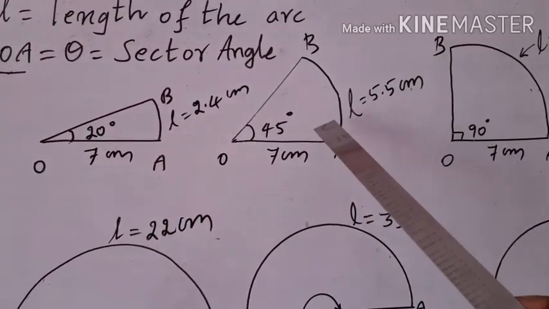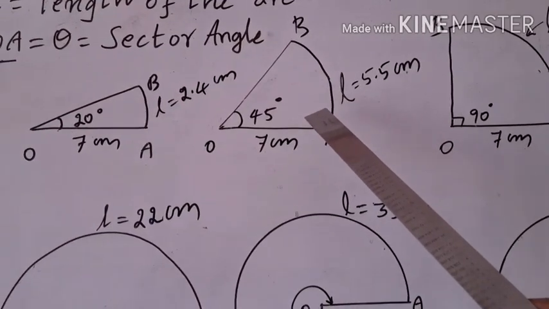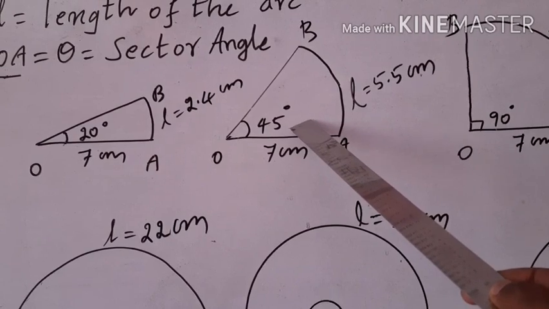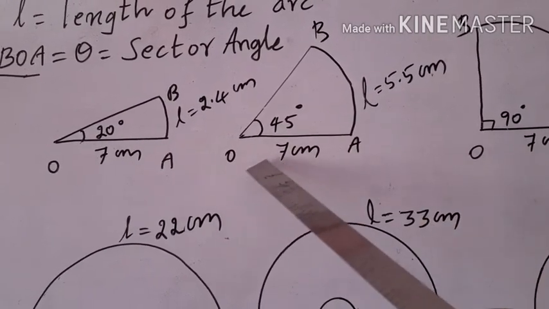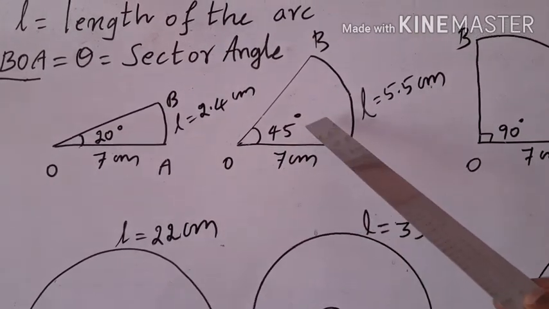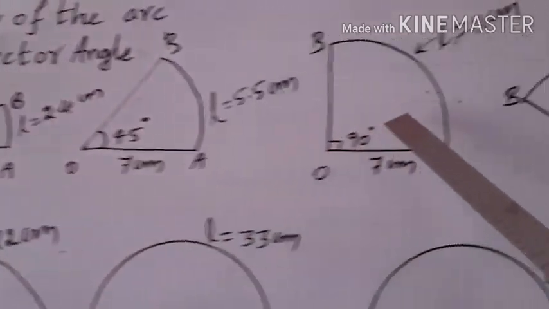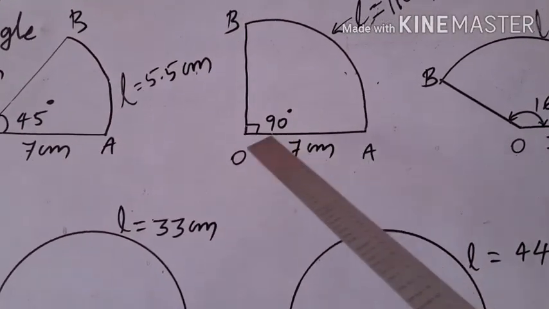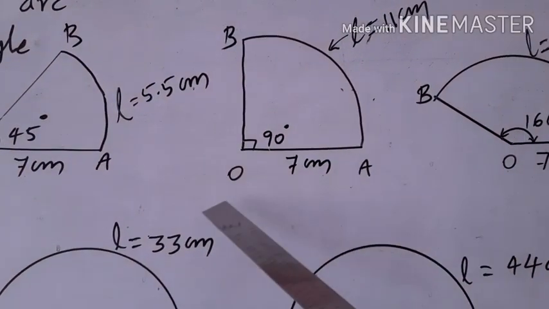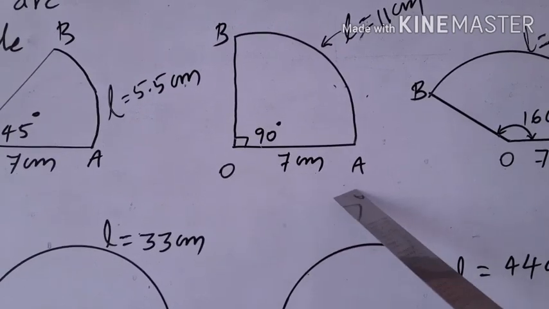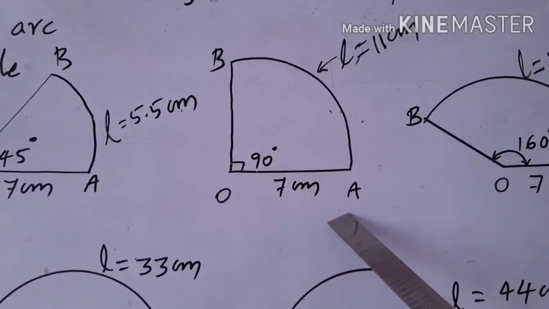If anybody asks us to find the area of the sector whose radius is r and the central angle is theta, or whose radius is 7 centimeter and central angle is 45 degree, how will we calculate? If anybody asks us to find the area of the sector whose central angle is 90 degree and the radius is 7 centimeter, what will we do?